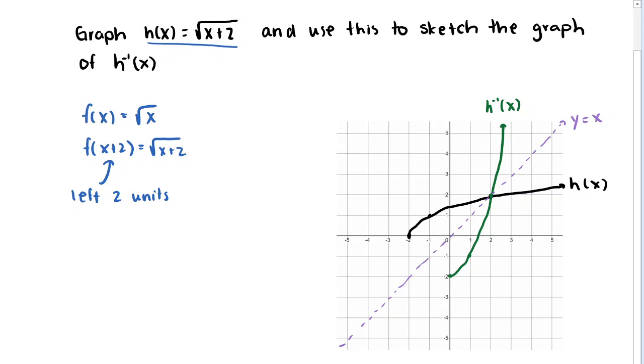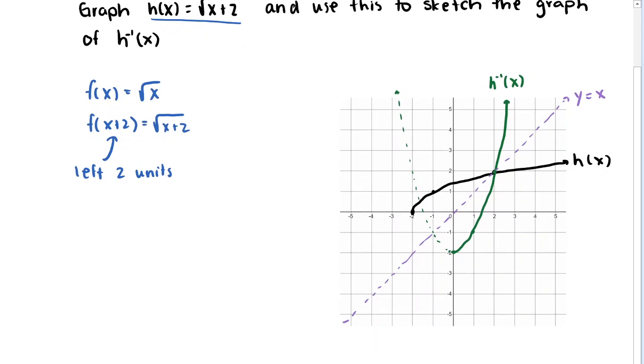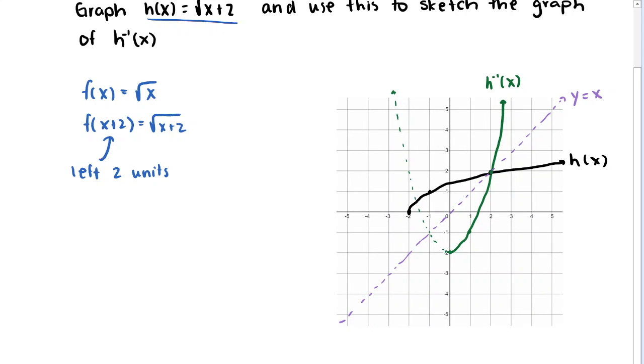And so what might be an equation for this graph? It looks kind of familiar, it looks kind of like a parabola, but it only looks like half of a parabola. It looks like half of maybe this parabola. And so what would the equation of this parabola be? Well, it kind of looks like the x squared parabola, but shifted down 2 units.